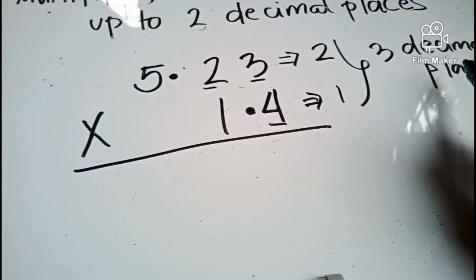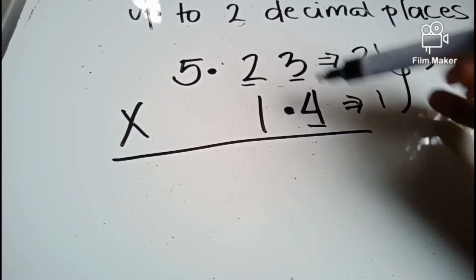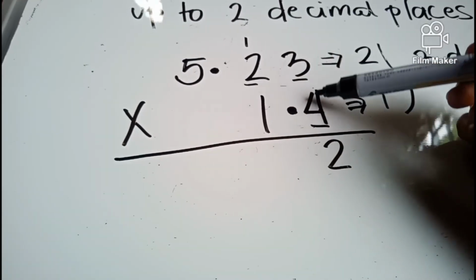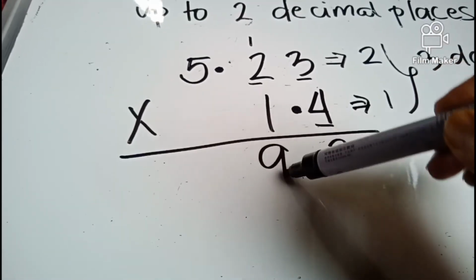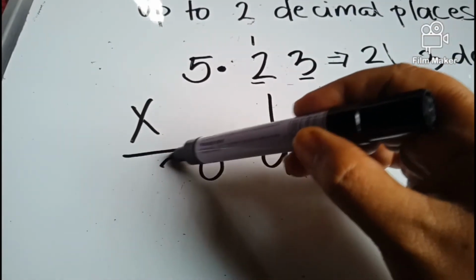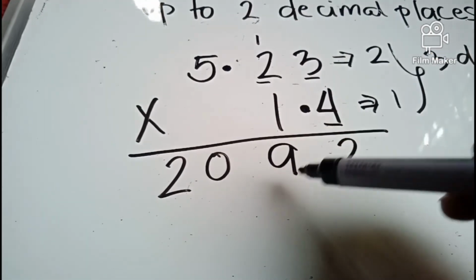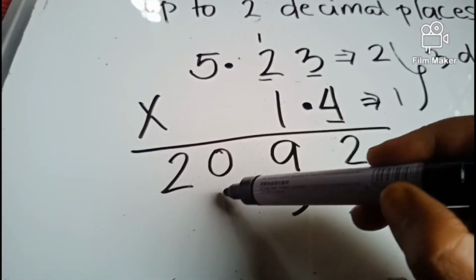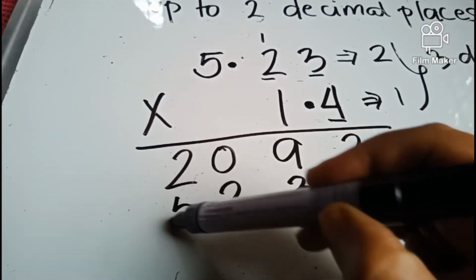Then, we will proceed on multiplying. 4 times 3, it's 12, carry 1. 4 times 2 is 8 plus 1, it's 9. 4 times 5, it's 20. And then next, 1 times 3 is 3. 1 times 2, it's 2. 1 times 5, it's 5.